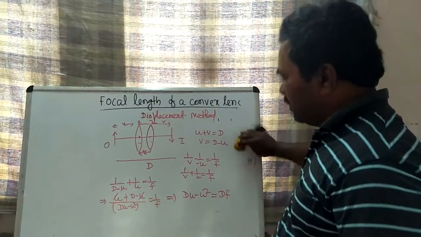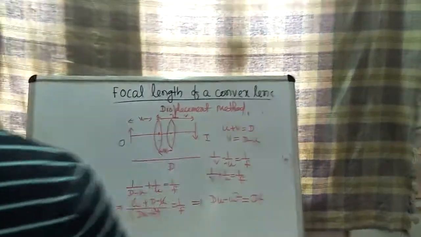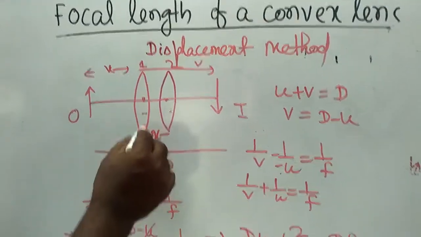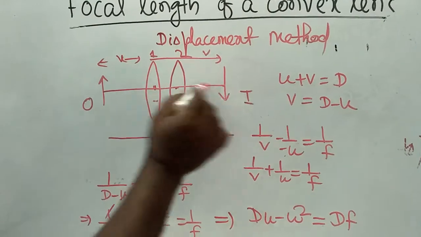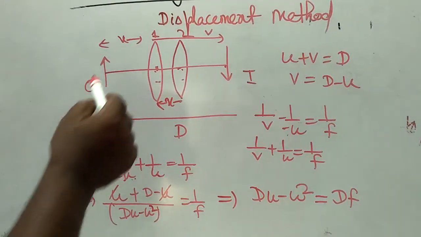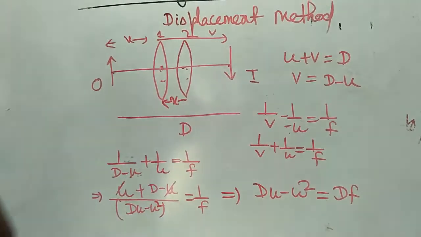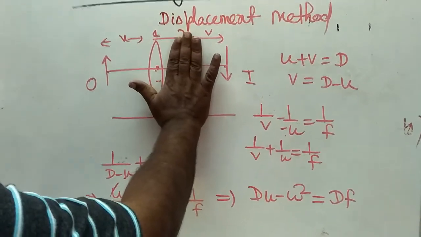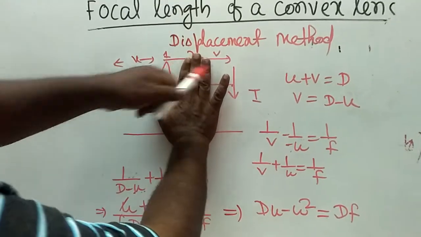Suppose you take the object here, and this is the image. There are two positions of the lens for which you will get the object and image at exactly the same position. First put the lens here, this is the object, this will be the image.